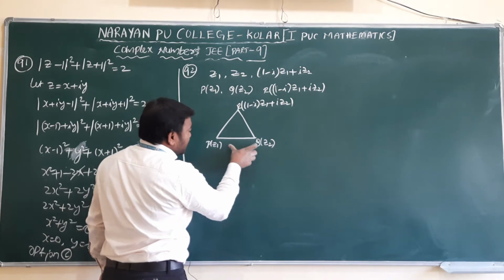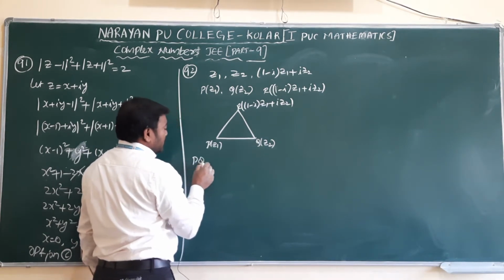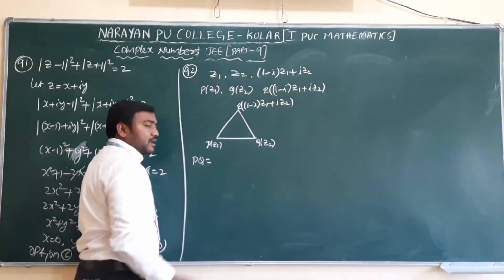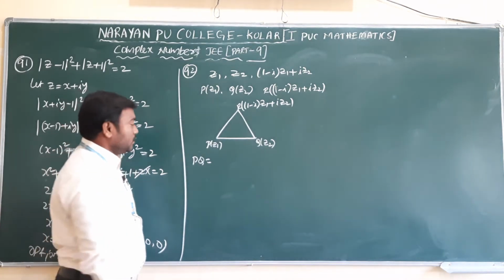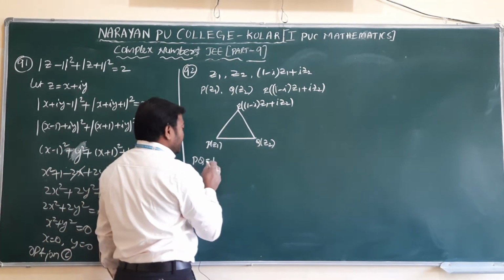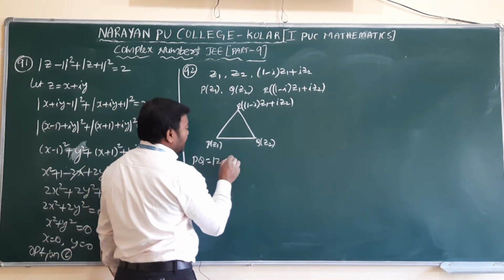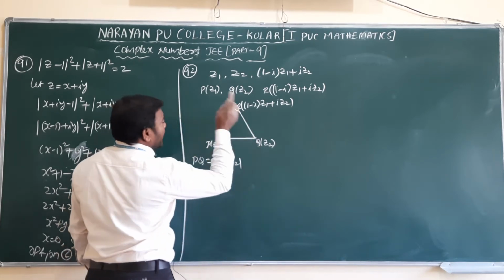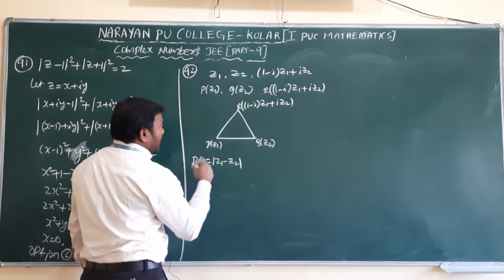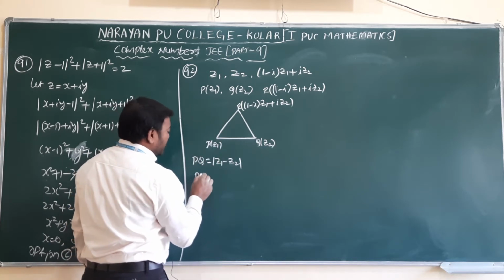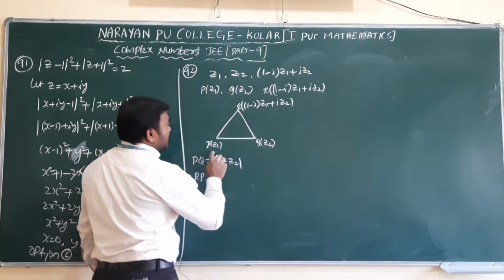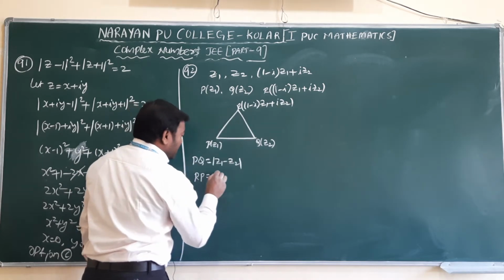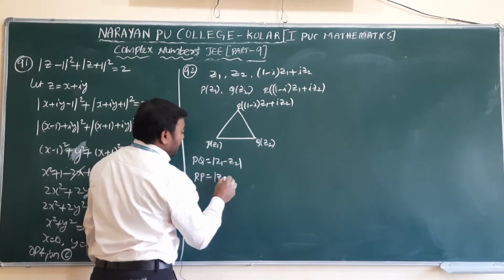For short, the distance PQ is equal to modulus of z1 minus z2. Then we take QR and RP. So RP is equal to modulus of z1 minus 1 minus i into z1 plus i z2.